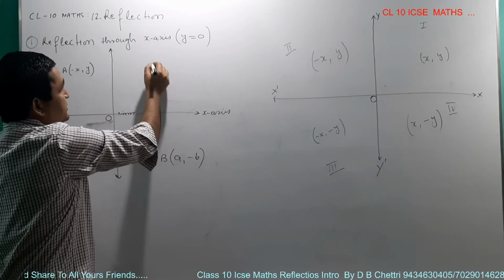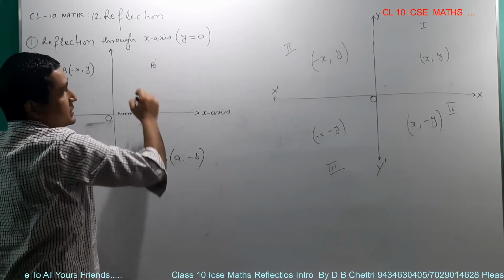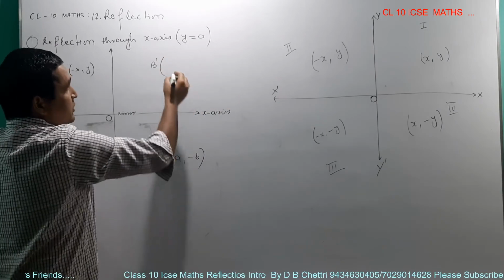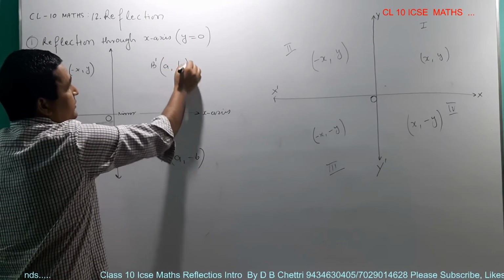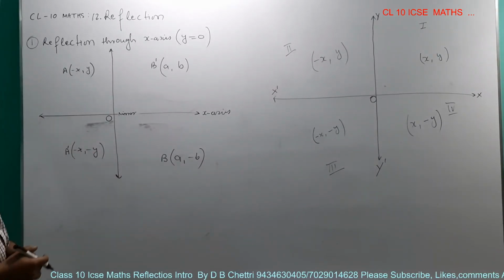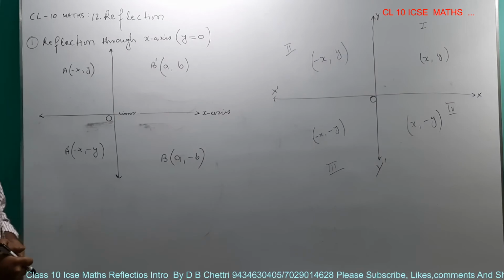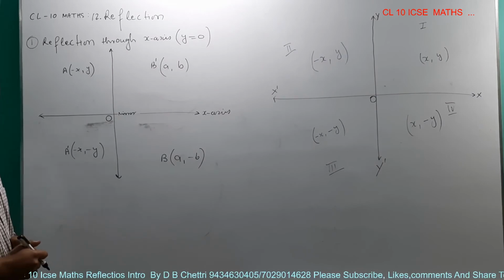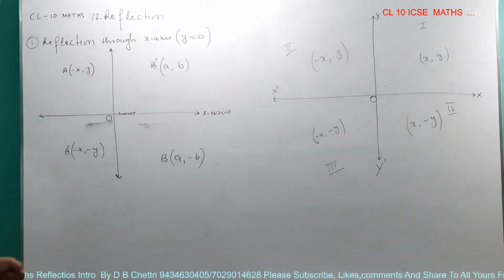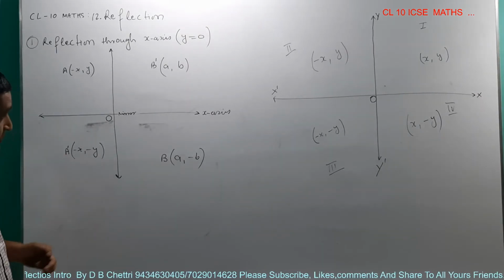That means the image is formed somewhere here, b dash. Then in the first quadrant, the signs of the coordinate are both positive, (a, b). This way we have to find the coordinate of the image, and this is very important. Try yourself by standing in front of a mirror and find at what distance your image is formed.